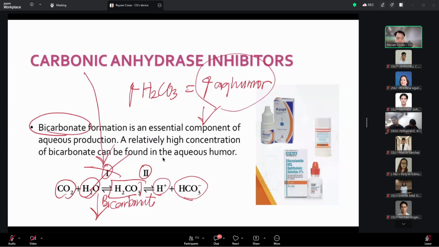So in short, bicarbonate is associated with aqueous humor production. By inhibiting carbonic anhydrase, you effectively lower bicarbonate production. Therefore, effectively lowering also the aqueous humor formation.